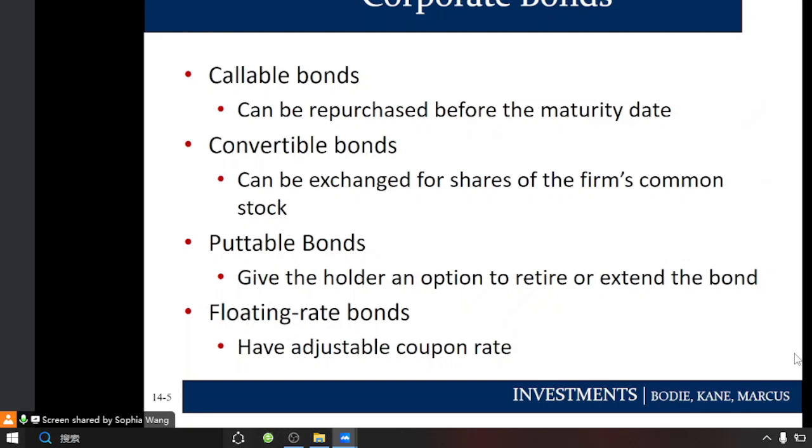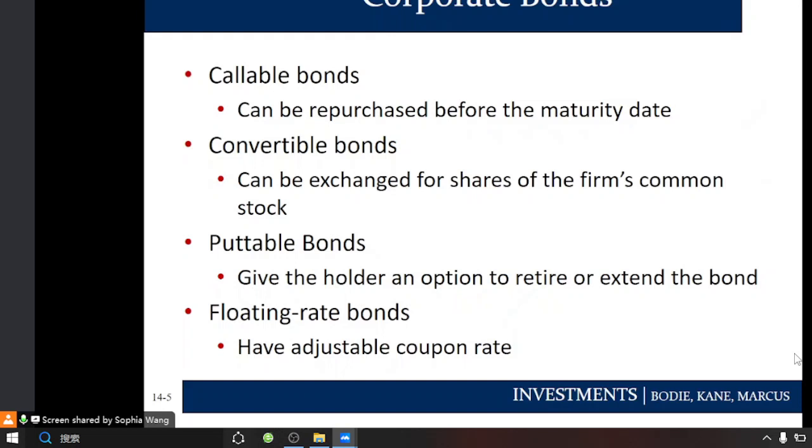So if the bank is 2%, maybe the company will offer an interest rate of 3%. In this case, maybe you will choose to buy the corporate bonds, not from the bank.